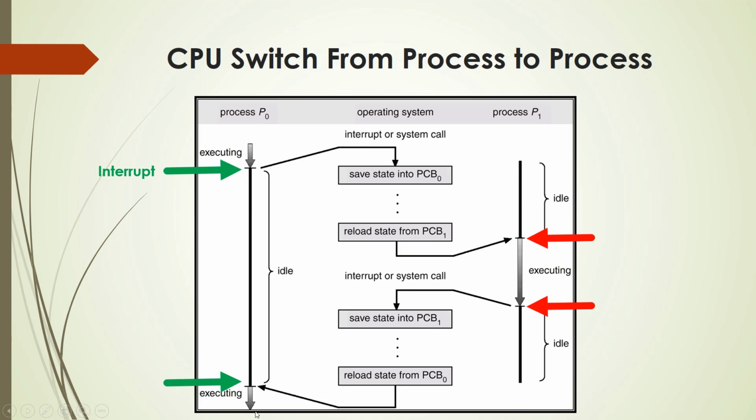During this entire operation, from this point to this point, because P0 was not executing, it was in idle state. Only when the PCB0 of P0 is loaded does it start the execution.